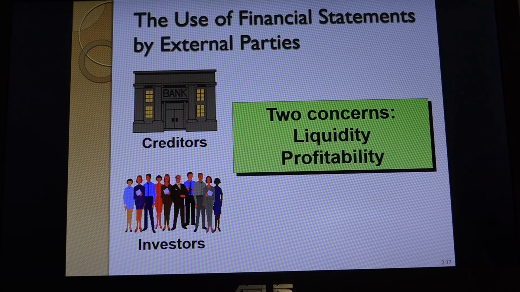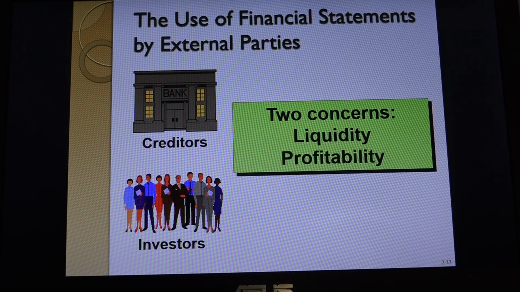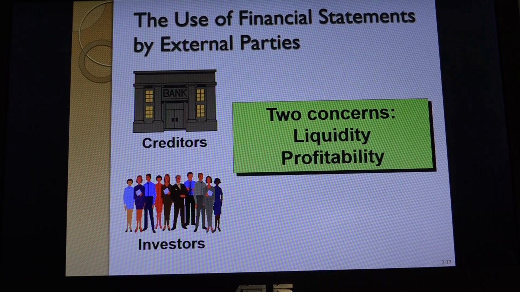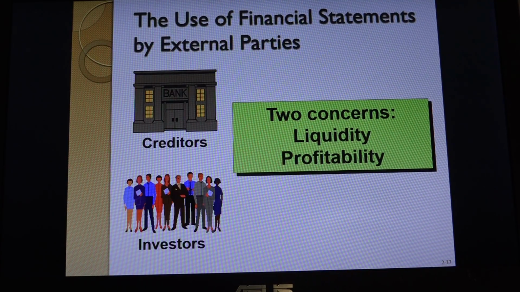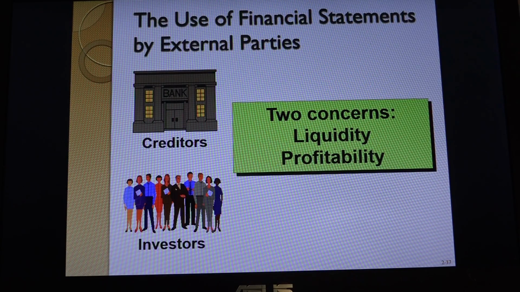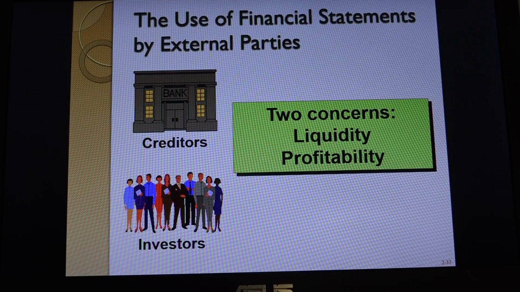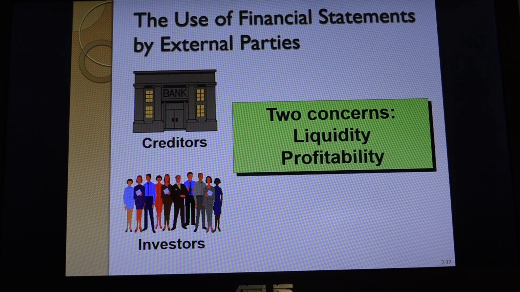Do creditors want to see profitability as well? Oh, absolutely. But they're more interested in liquidity than, let's say, investors. Now, investors want to see liquidity as well, but overall, they're more interested in profitability because that's going to increase the worth of the stock they purchase.